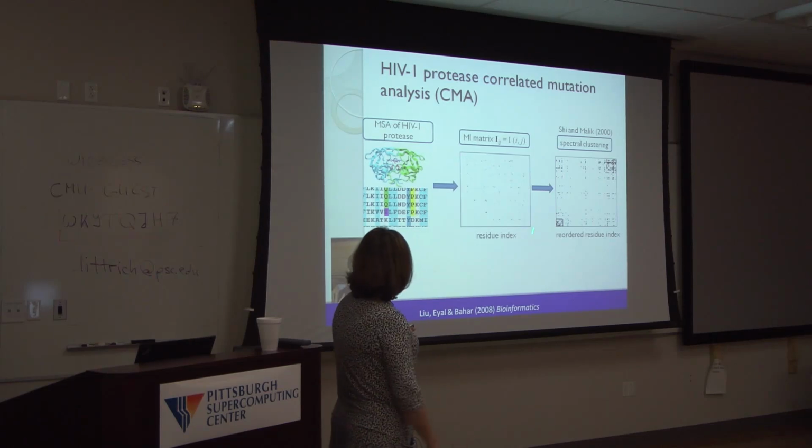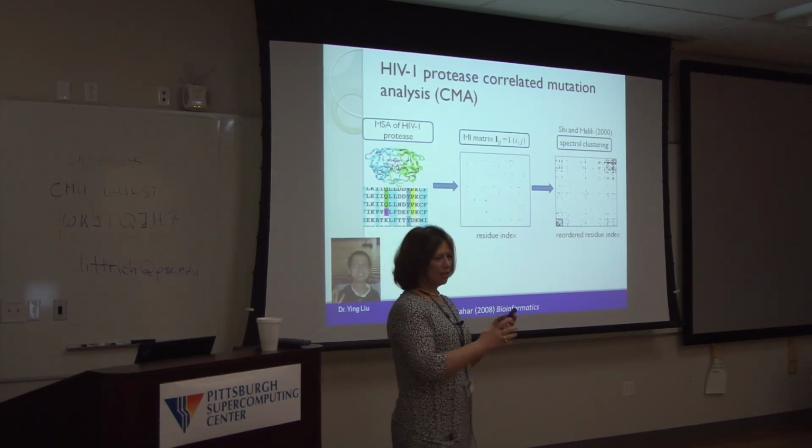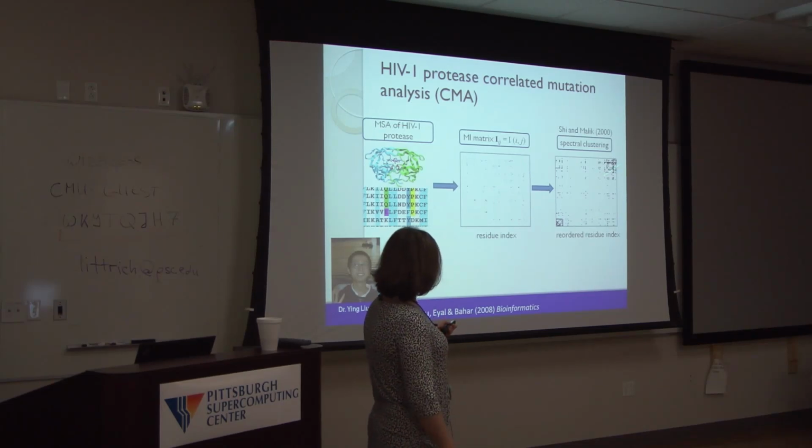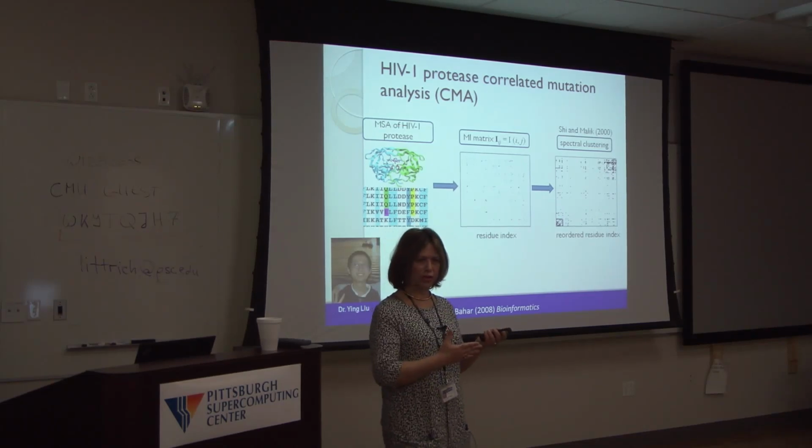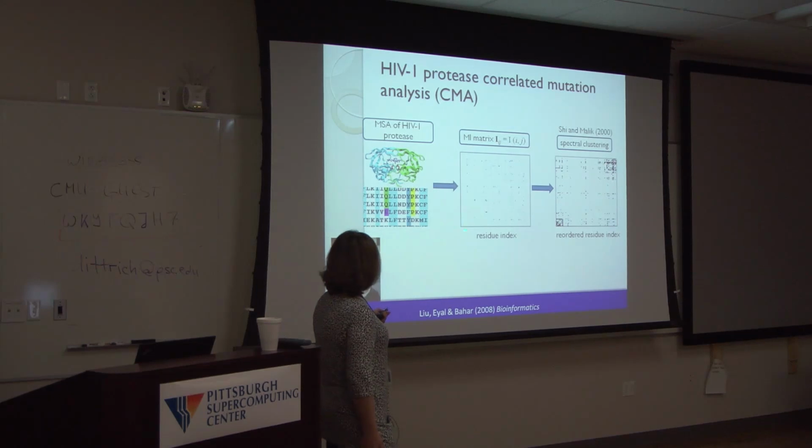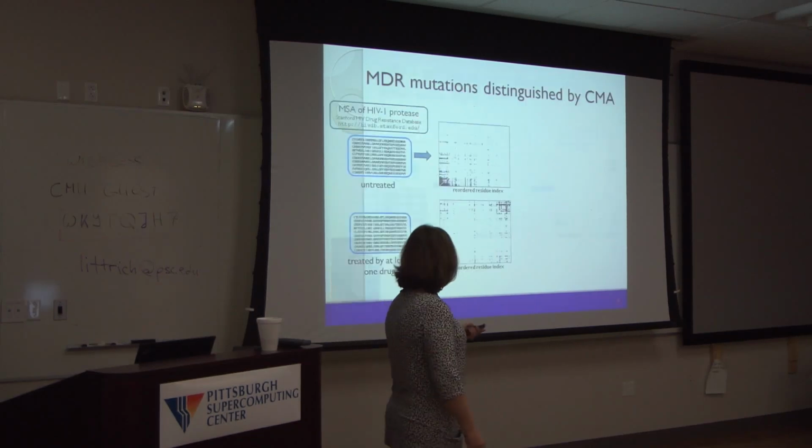Okay, so these entries that are collected together, it's amazing. These are where the coevolution signals are strongest. Okay, so here the residues were indexed from 1, 2, 3, 4, 5 to n, okay? Here they are like 1, 3, 12, etc. They are just shuffled, and in the same order in both the abscissa and ordinate.